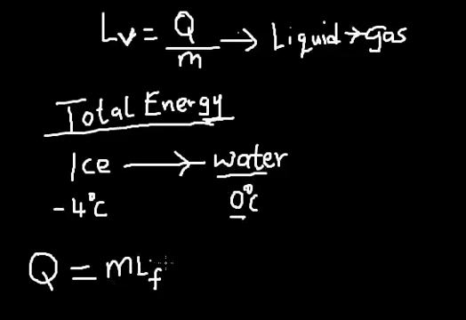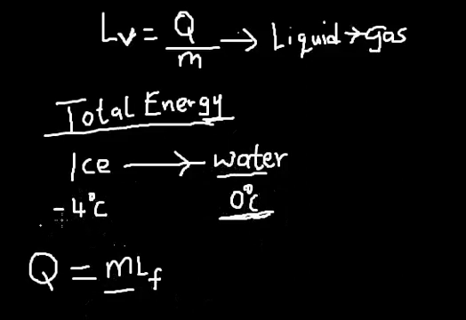Because the truth of the matter is, this latent heat only occurs at 0 degrees Celsius. When the ice is already at 0 degrees Celsius, that is where you apply this. But the question is, what happens to the heat that I supply?